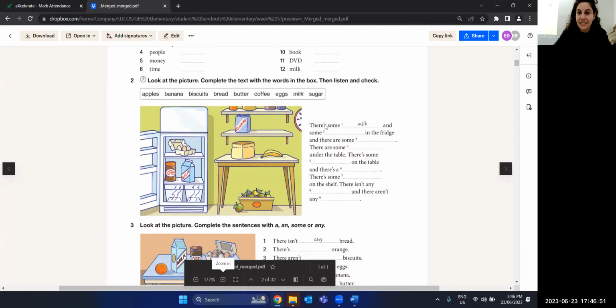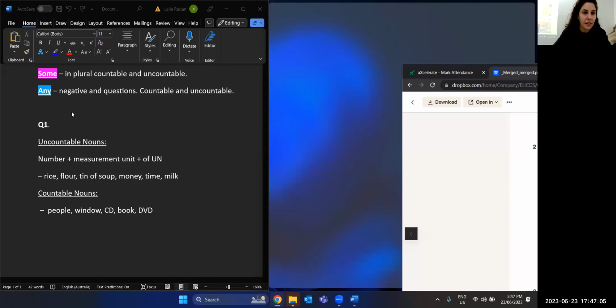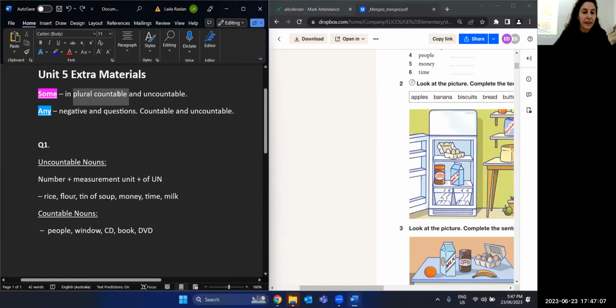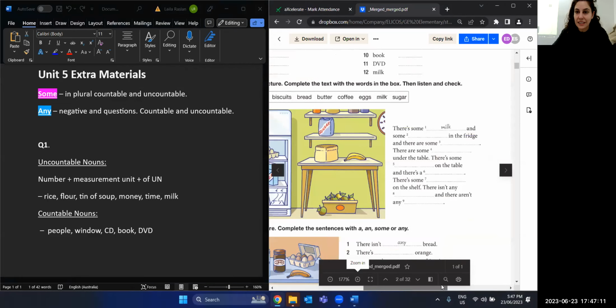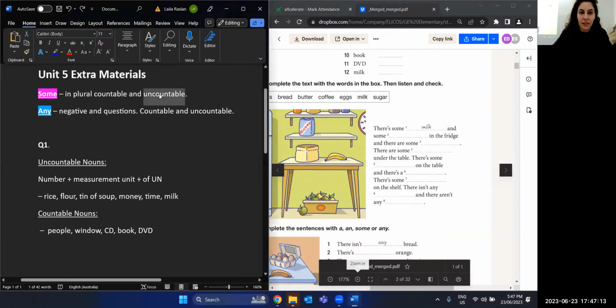So that's already singular. There is some milk and some coffee in the fridge. So if I look at my rules, we use some to talk about plural, countable, or uncountable. So the reason we said there is some milk, it's this rule.